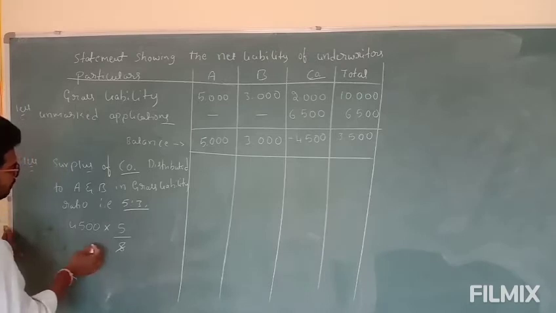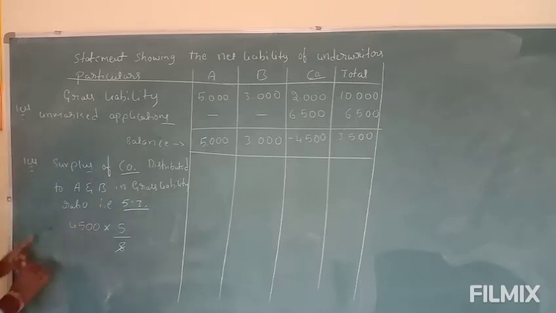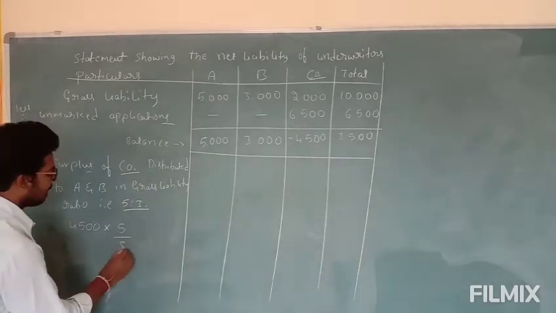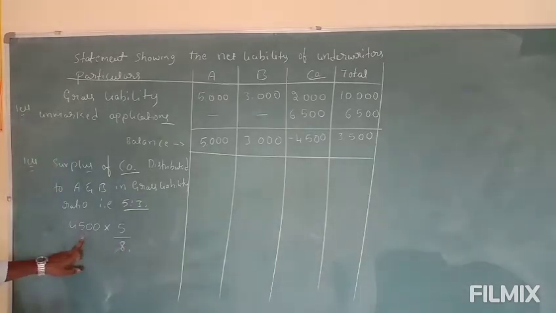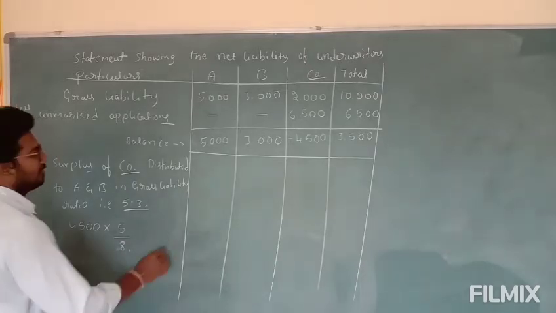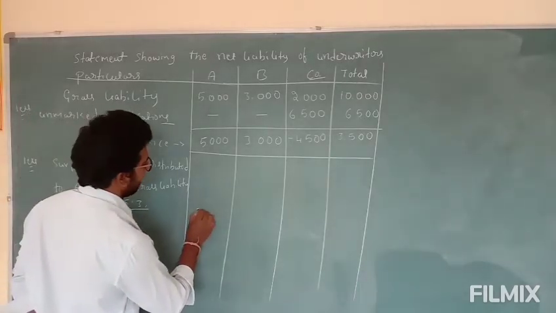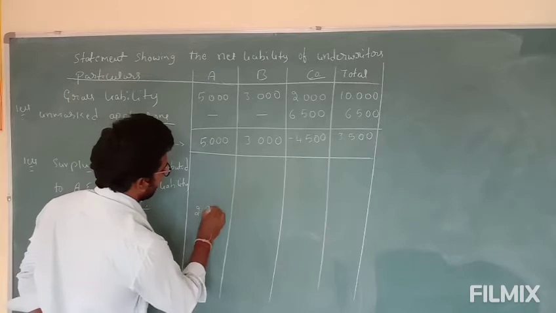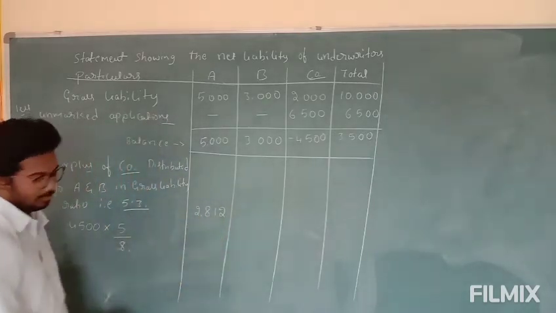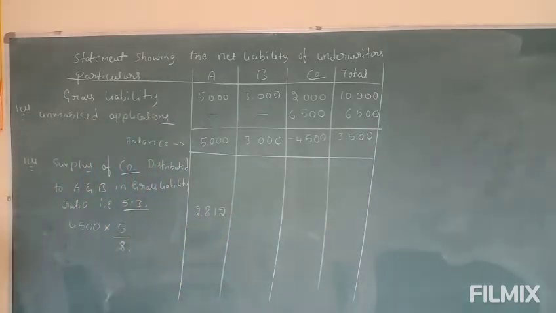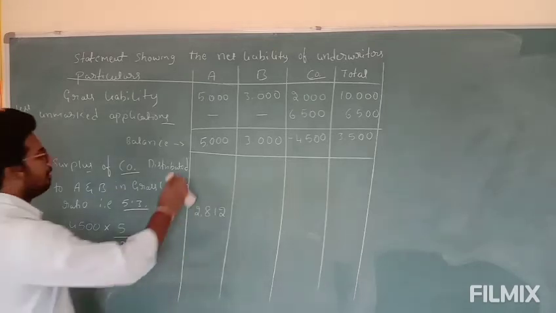You will get around 2,812. 4,500 into 5 divided by 8 you should do. You will get 2,812. Similarly, you can do for B also.